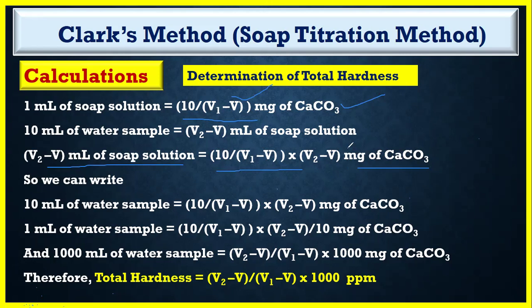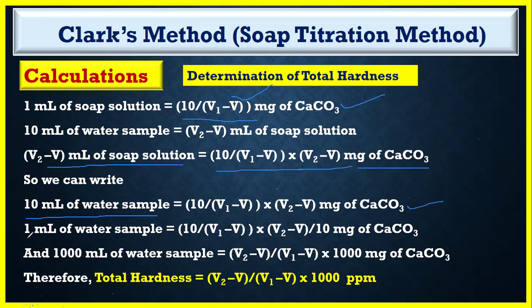We have to multiply this 1 ml unit by V2 minus V. Therefore, we can write here that 10 ml of water sample is equal to 10 divided by V1 minus V, multiplied by V2 minus V, milligram of calcium carbonate. So this is the 10 ml of water sample's calcium carbonate equivalent.